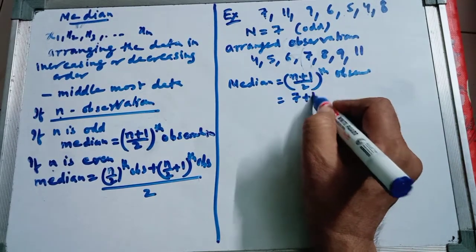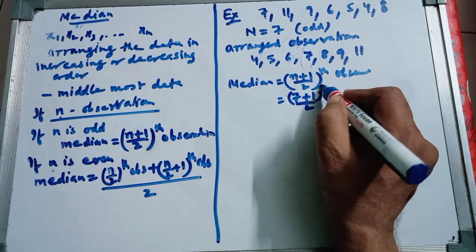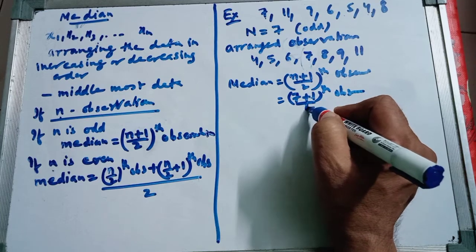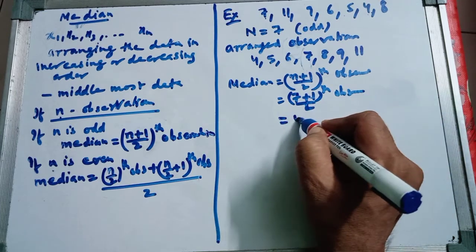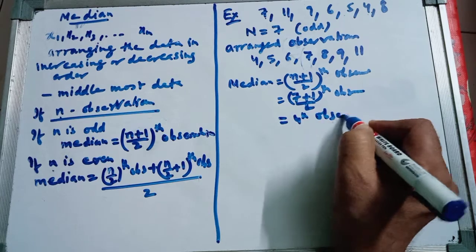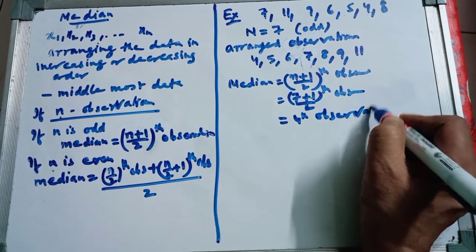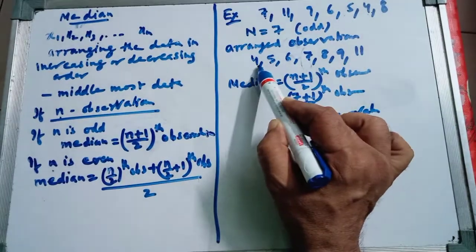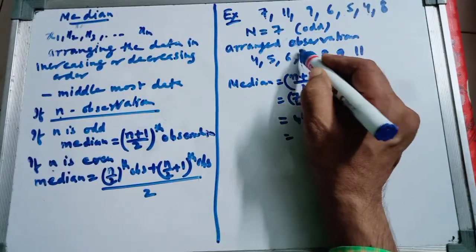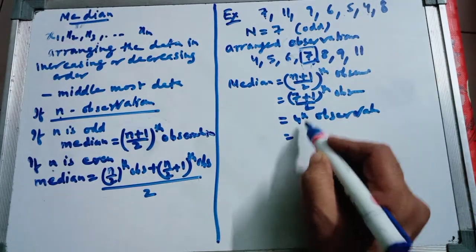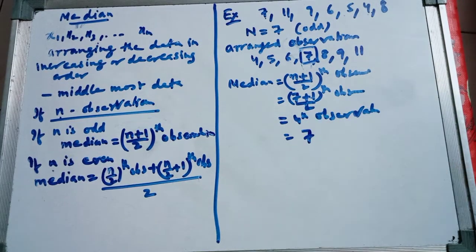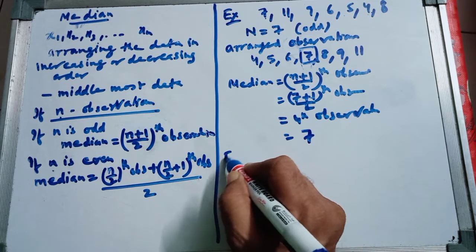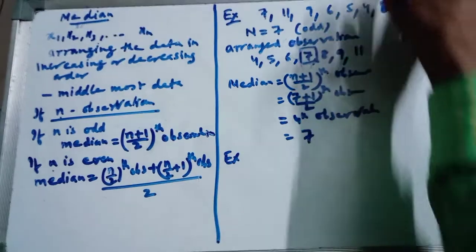So 7 plus 1 by 2th observation. 7 plus 1 is 8, 8 by 2 is the 4th observation. So what is the 4th observation in the arranged observations? 1, 2, 3, 4. That you can mark like this, and this becomes our median. 4th observation is 7.